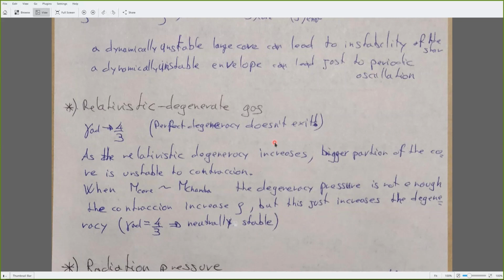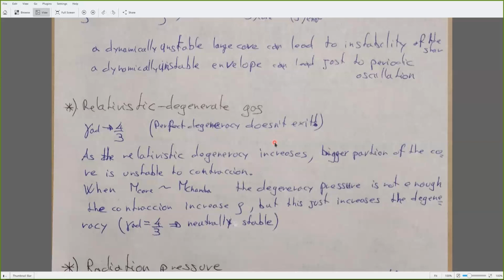That is also what permits the stars, as we saw, to survive in some cases, like the helium flash, because the equation of state is not always perfectly independent of temperature.